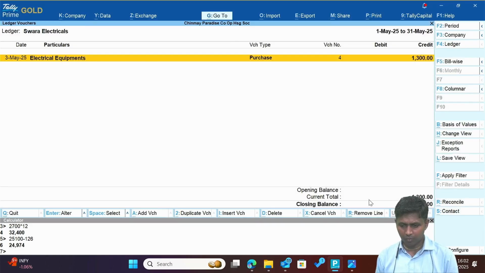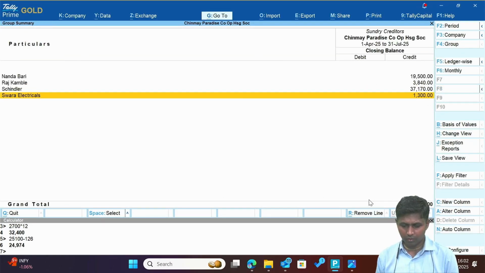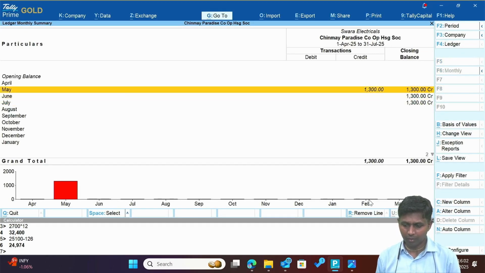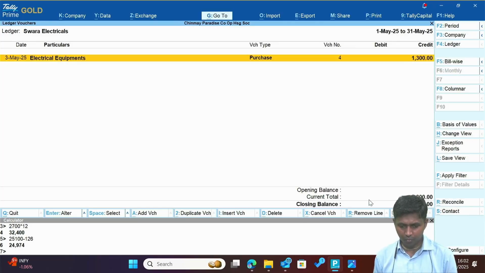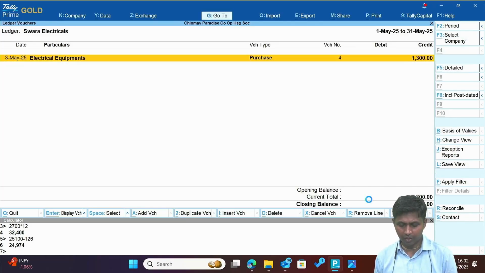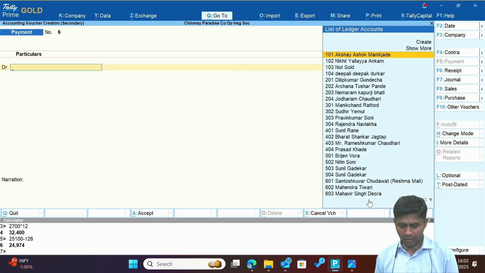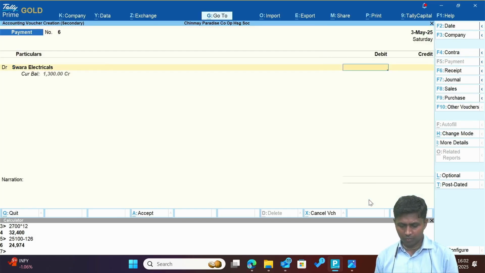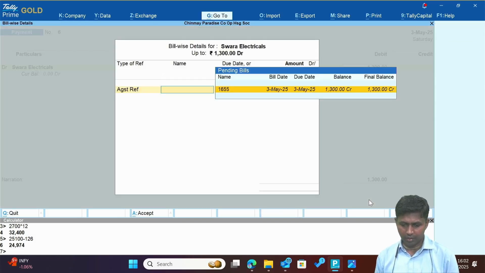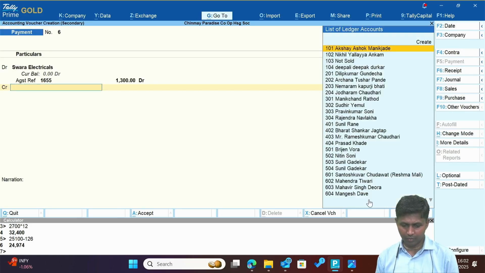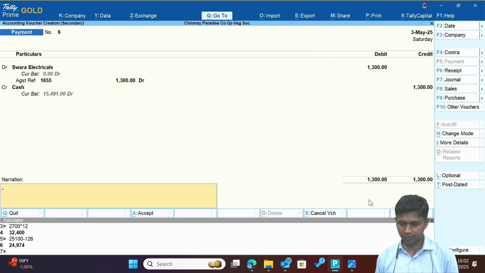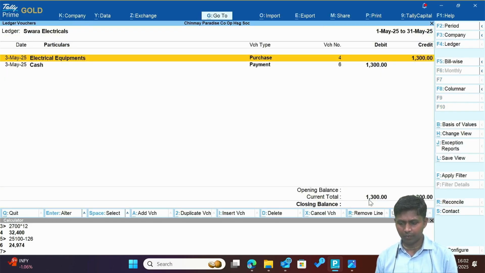Therefore, while doing the ledger scrutiny, we will come to know that this is still payable, but we paid. Therefore, open the list of transactions, say Alt A to add the entry, then F5, and then Swara 1,300, and again this bill OK, and cash. Very good, paid.